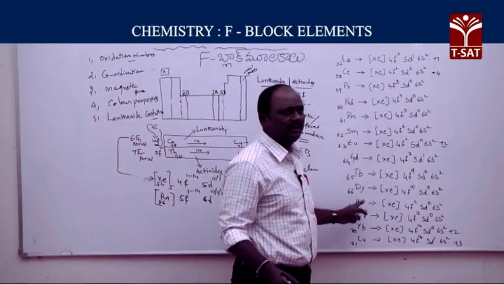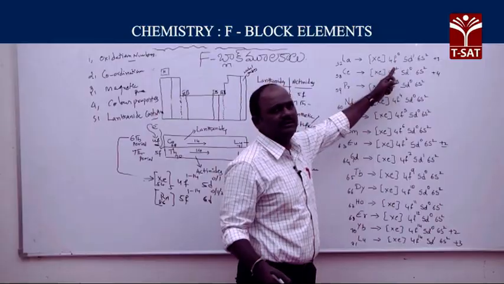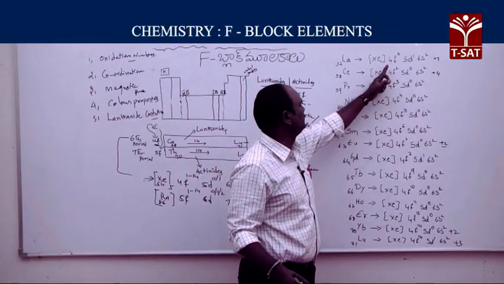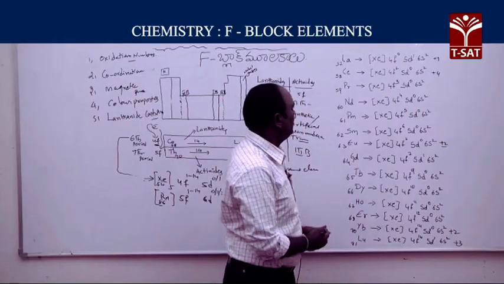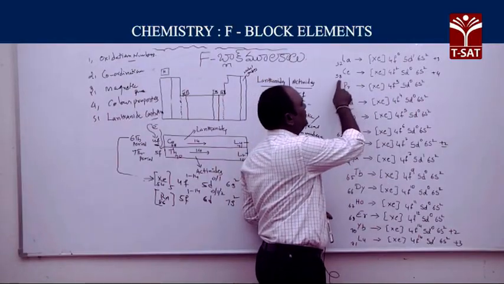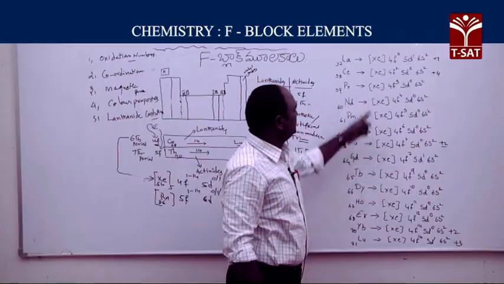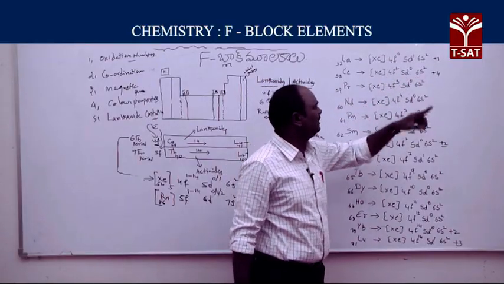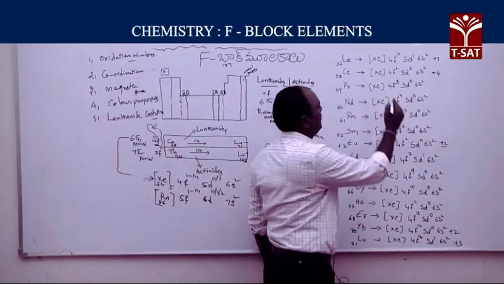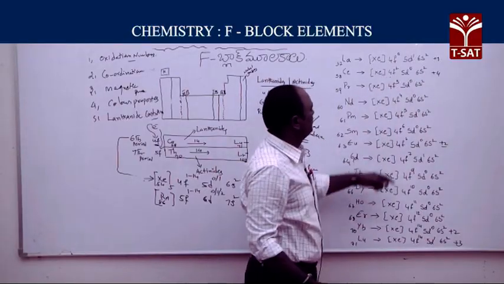It's not present in the f block. For convenience only, we have written this electron configuration of lanthanum among the lanthanides here. Now the next element is cerium. In cerium, 4f2, 5d0, 6s2. This is the electron configuration.